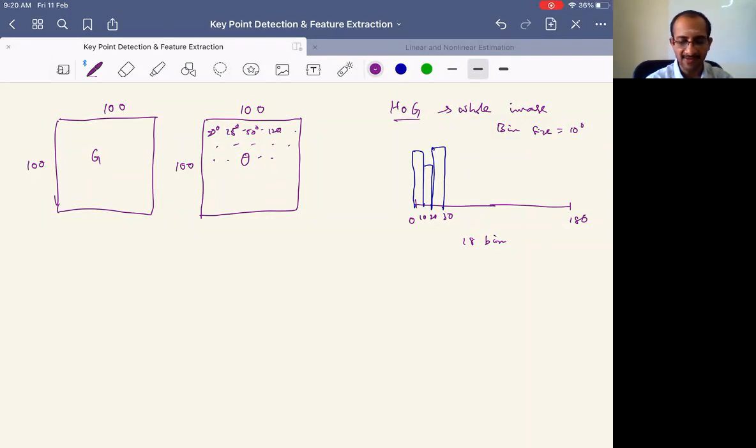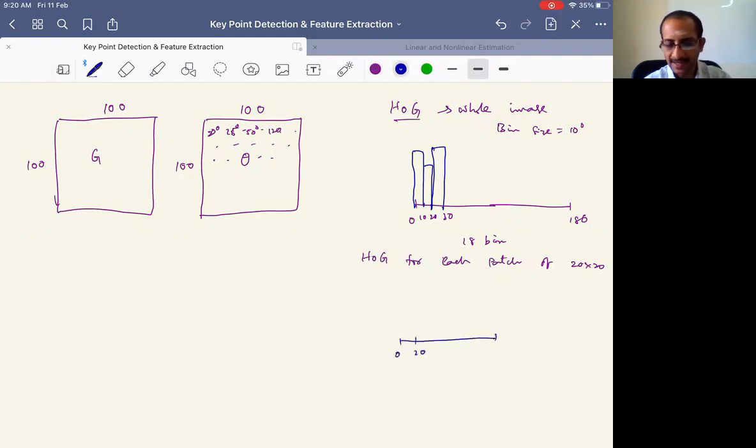This is for the whole image. If we are interested in making the histogram of orientation gradients for each patch, each local neighborhood, say each image patch of dimension 20 cross 20 in a 100 cross 100 image, we would like to make one HoG for each. And let's reduce the number of bins by making each bin 20 degrees.